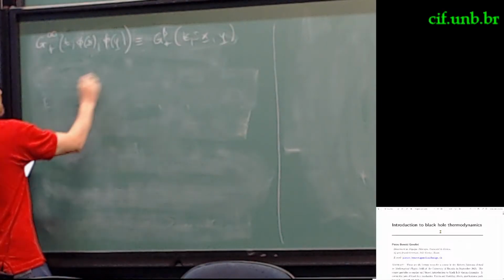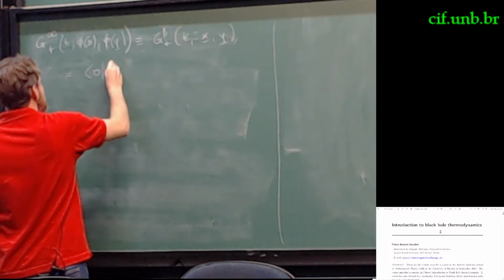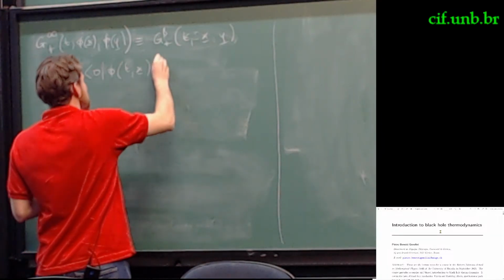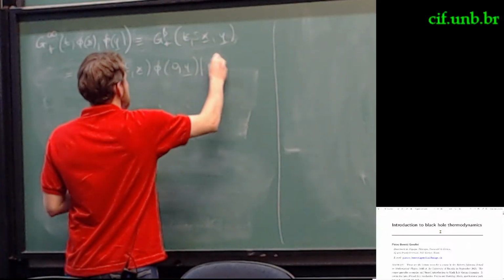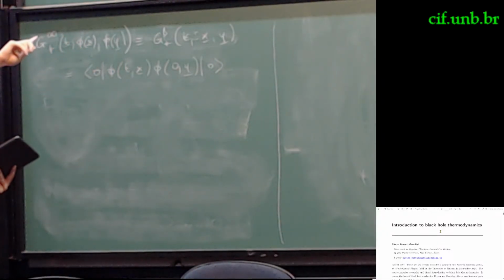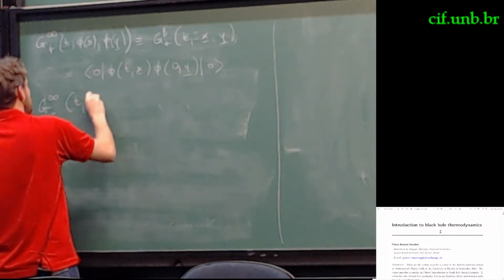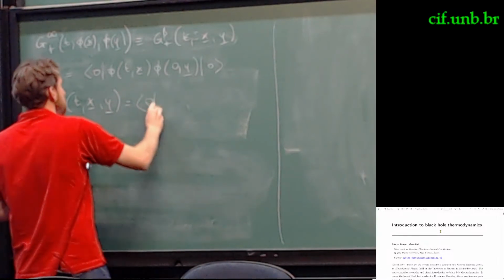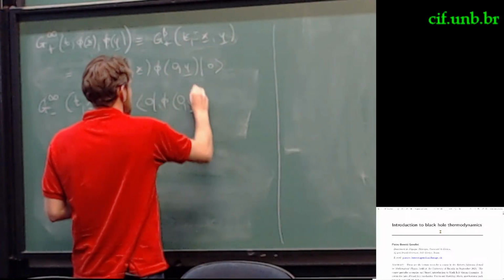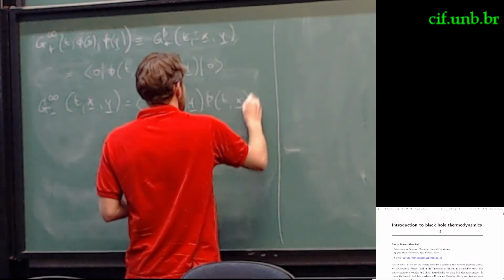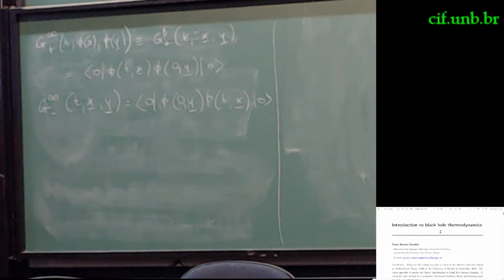This is exactly the same definition that I had there. And then G minus infinity. So why did I put infinity here? Because I'm assuming that in flat space there is no temperature. So beta is infinity, T is 0. So I'm making the notation consistent.